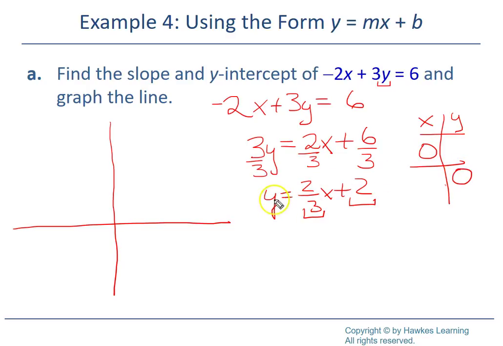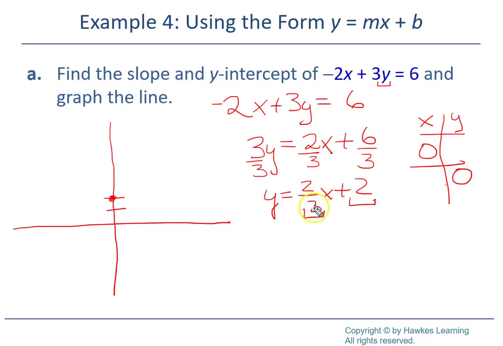But when you have solved for y, and you know the slope, and you know the y-intercept, there's a shortcut to graphing this. And here it is, the recipe. Step 1, plot the y-intercept. 1, 2. The y-intercept is 2. Now, this is positive.